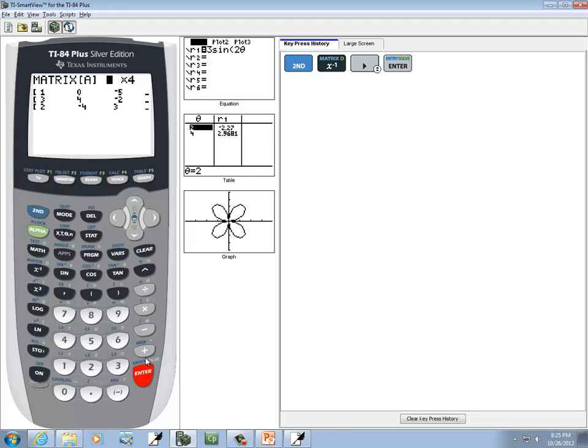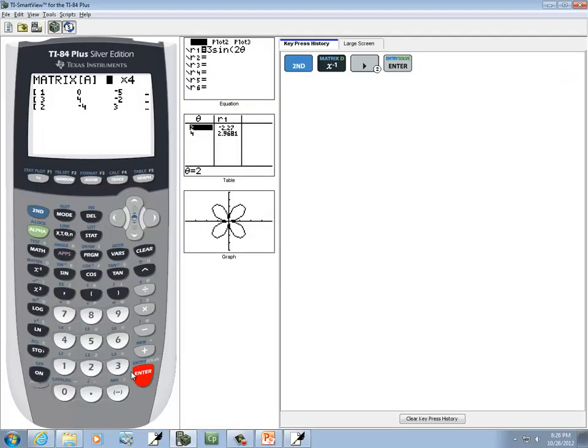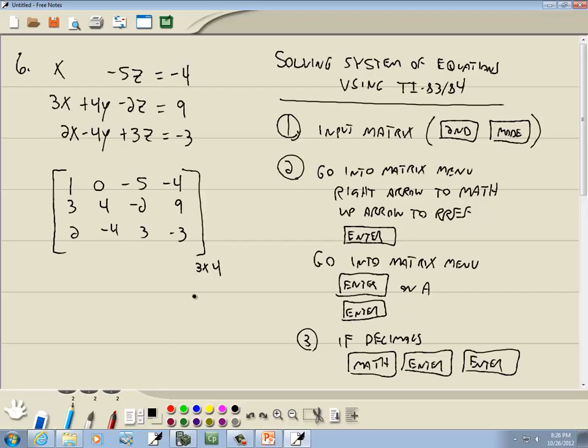Now you may or may not have numbers here. Don't get upset and try to figure out how to get rid of them. As you type in your new numbers, it'll overwrite the old ones. We said this was a 3 by 4, so do 3, enter, 4, enter. And we're going to type in each number, pressing enter after it.